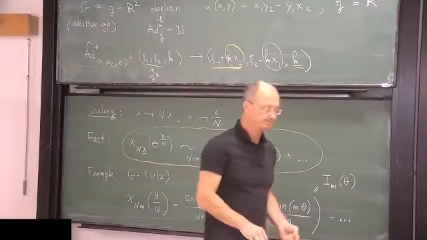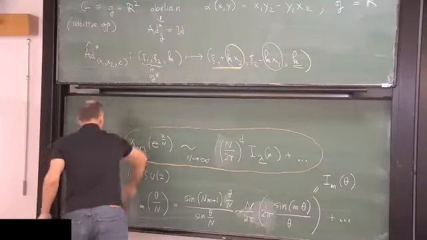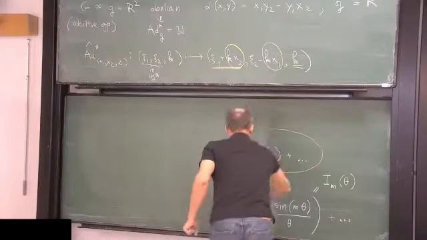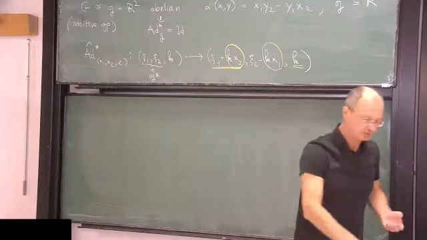Let me draw the corresponding coadjoint orbits of the Heisenberg group.